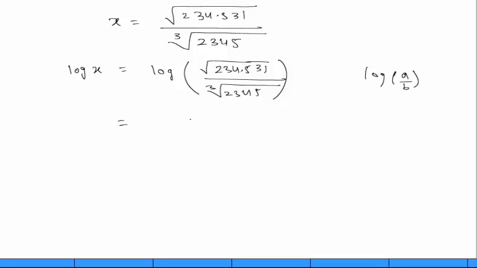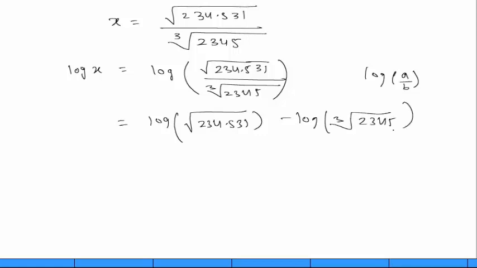Log of a by b is what? Log a minus log b. So it becomes log of the square root of 234.531 minus log of the cube root of 2345. You can again see here, square root means power 1 by 2.